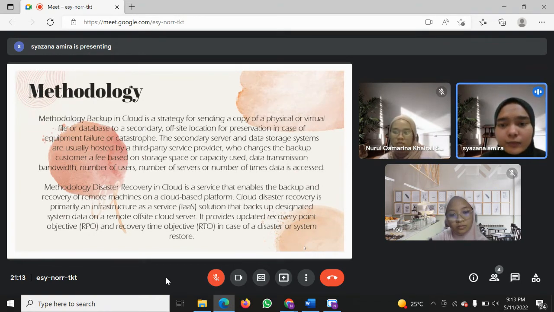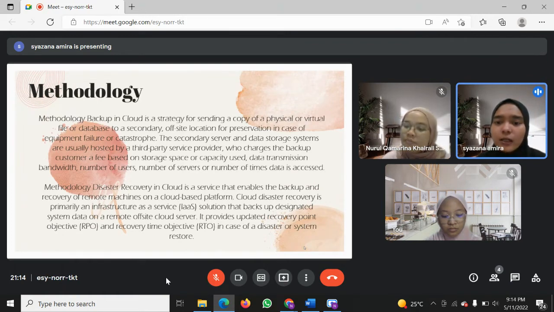The secondary server and data storage system are usually hosted by a third-party service provider who charges the backup customer a fee based on storage space or capacity used, data transmission bandwidth, number of users, number of servers, or number of times data is accessed.